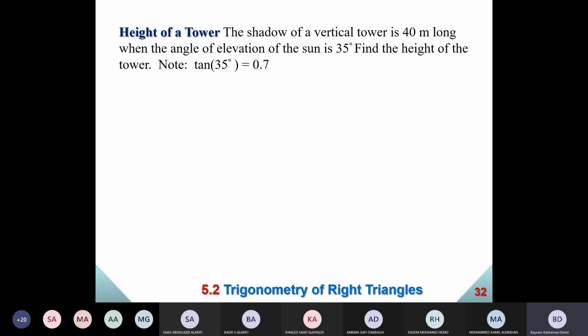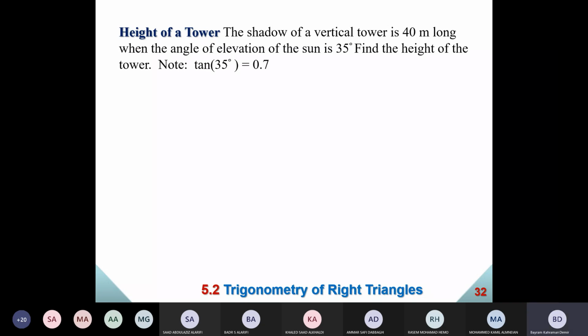We'll try to calculate the height of a tower, yani tall building. Very tall buildings, we call it tower. Okay, the shadow of a vertical tower. Do we understand the shadow, Shabab, everybody? Yes. Shadow, yeah, under the sun, you will see your shadow. Okay.